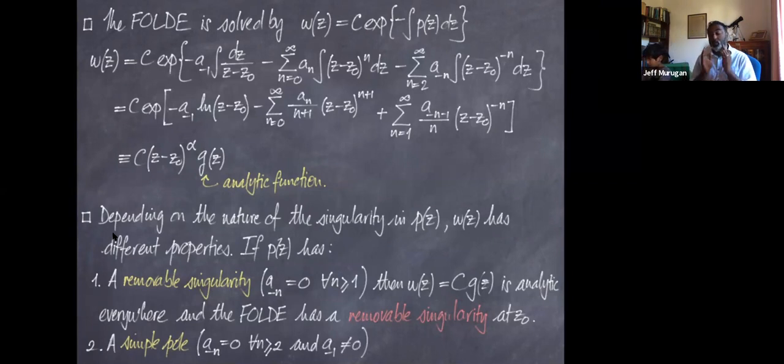So A minus 1 specifically, and only A minus 1, is non-zero. Everything with a minus n for n greater than or equal to 2 is equal to 0. Okay, so we only retain the term with n equals -1.